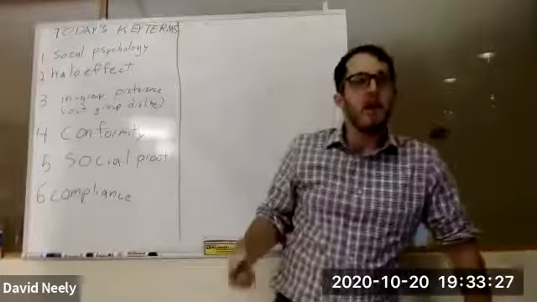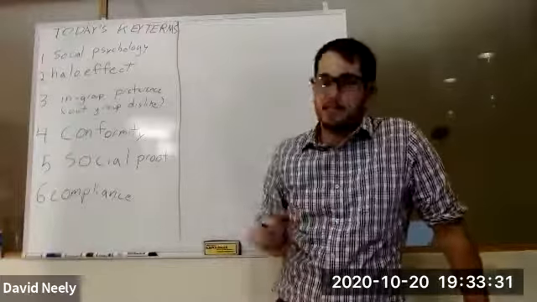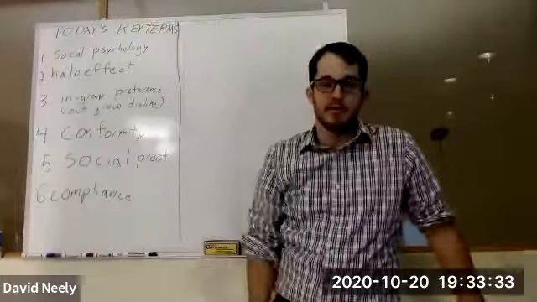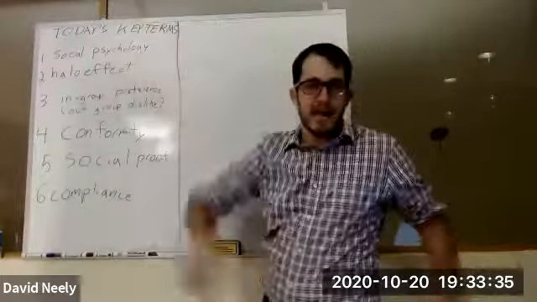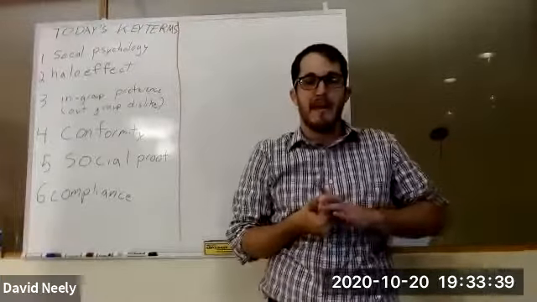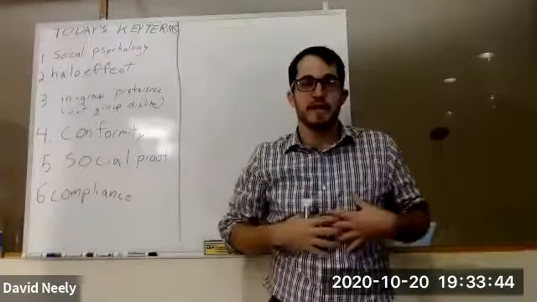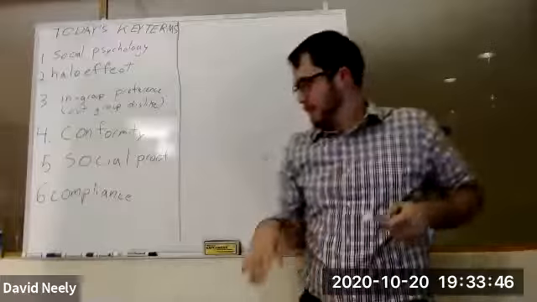Today, we're going to talk about how the decisions we make and the conclusions we draw are greatly affected by what other people around us do. And that's all that social psychology is. It's a study of the principles by which other people affect our behaviors and the ways in which our behaviors are influenced by other people and other people's behaviors.